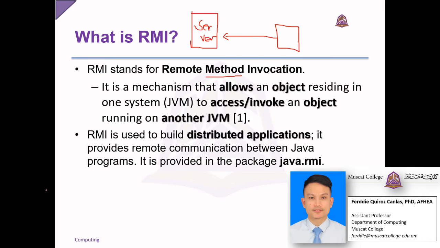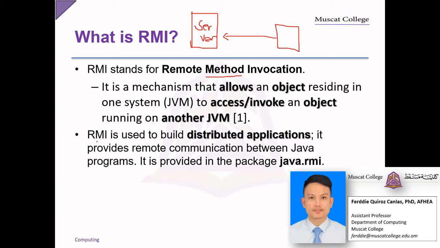But in the RMI, we're going to invoke this remotely. Meaning we're going to invoke an object or a method that belongs to an external entity, or maybe from a different machine.